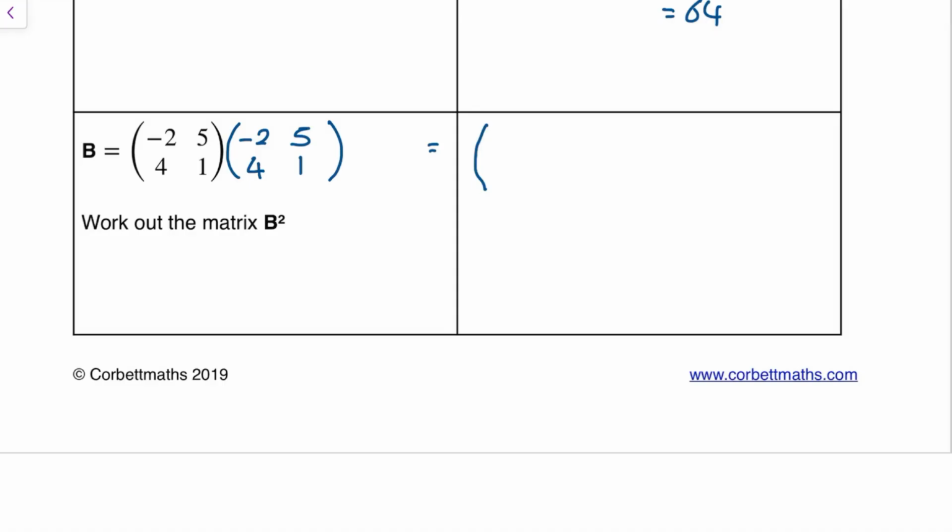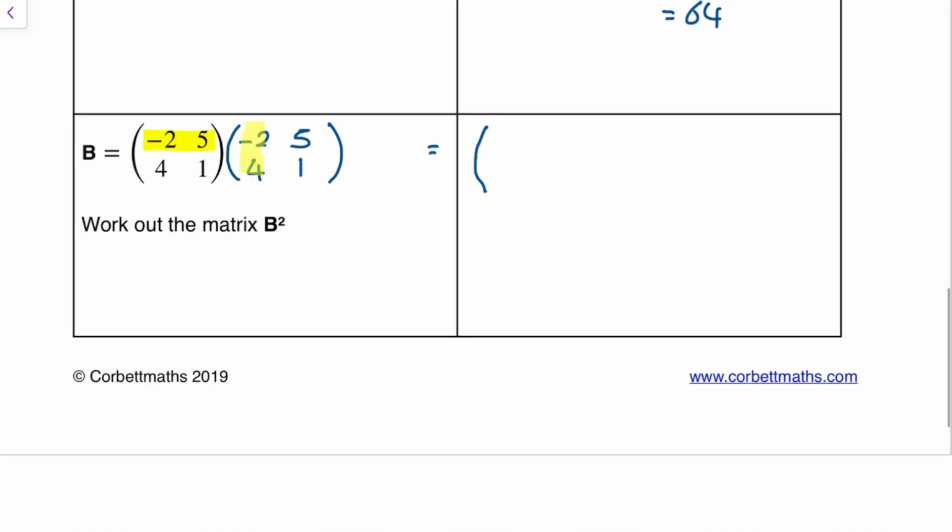You are going to multiply each row by each column. So the top left number is row 1 times column 1. So minus 2 times minus 2 is 4. 5 times 4 is 20. Then bottom row and left column. So 4 times minus 2 is minus 8. And 1 times 4 is 4. Then top row times right column.